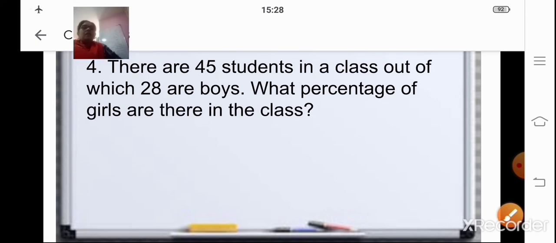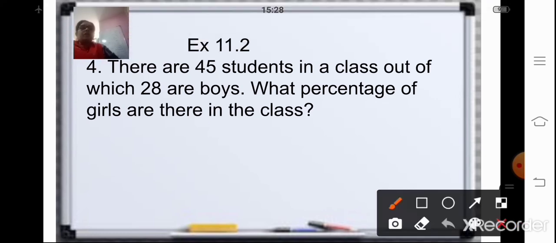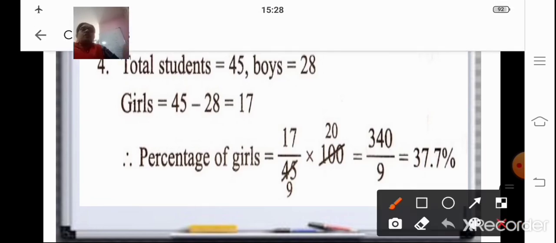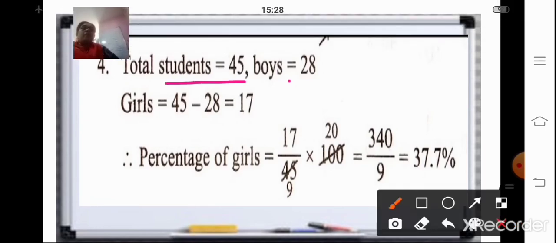So let's see the working on the next slide. Here the total number of students is 45, boys are 28. To find how many girls are there, we subtracted the number of boys from the total number. Now to find the percentage of girls, that is 17 out of 45 multiplied by 100.